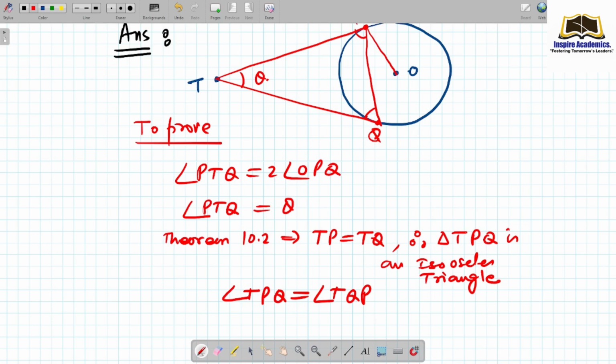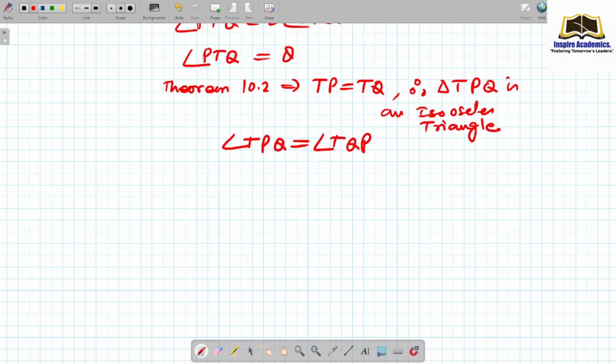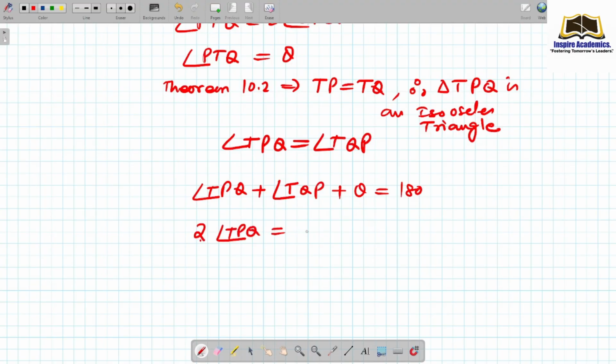So we can say that angle TPQ plus angle TQP plus theta is 180, or we can say twice angle TPQ is 180 minus theta, or angle TPQ is 1 upon 2 times 180 minus theta.